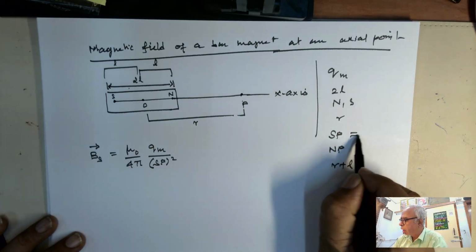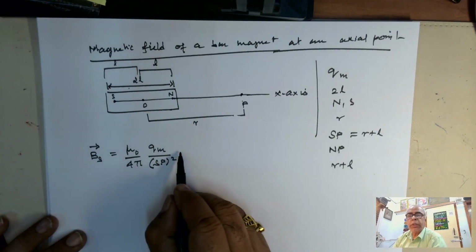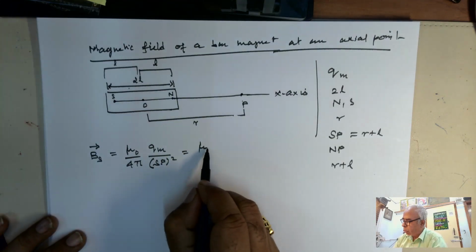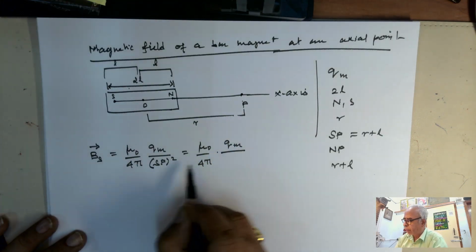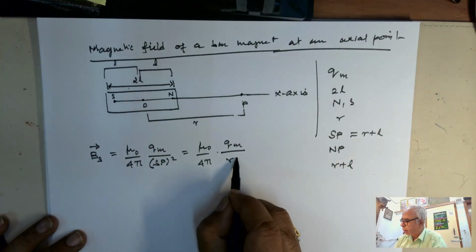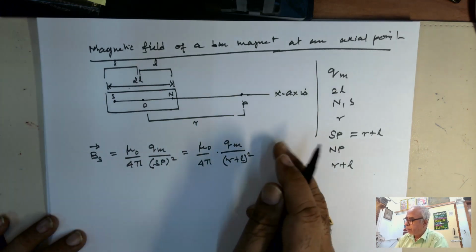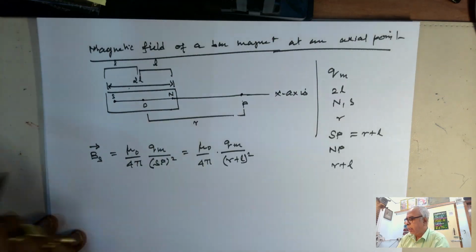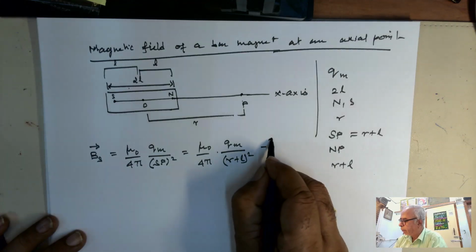Which is nothing but R plus L. So this can be replaced by mu naught divided by 4 pi into Qm divided by, instead of SP, you can put R plus L whole square. And we have to introduce the i cap, but this i cap is along the negative direction here, so it can be minus i cap.